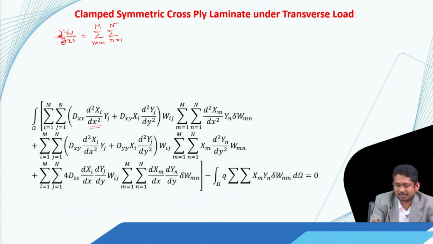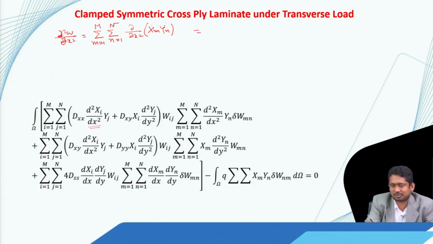Then we differentiate this, del 2 by del x 2 of X m Y n. Now, here this is a function of only x and this is a function of only y. So, if I differentiate that, all we get is just the second order derivative of this with respect to x.